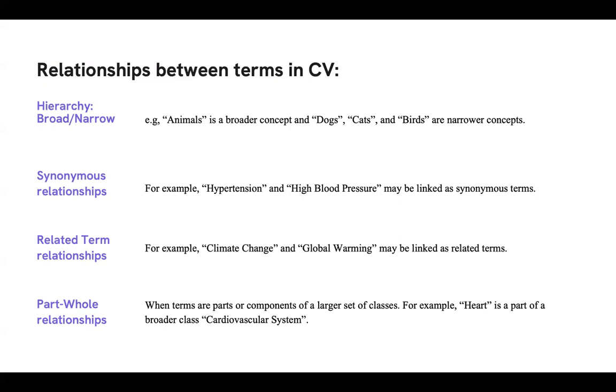So just showing that there's a relationship, but not necessarily a synonymous relationship. It could be. So there's also the part-whole relationship, where you can say one concept is a part of another. So my leg or your arm is a part of your whole body. So you can create a relationship on that basis.